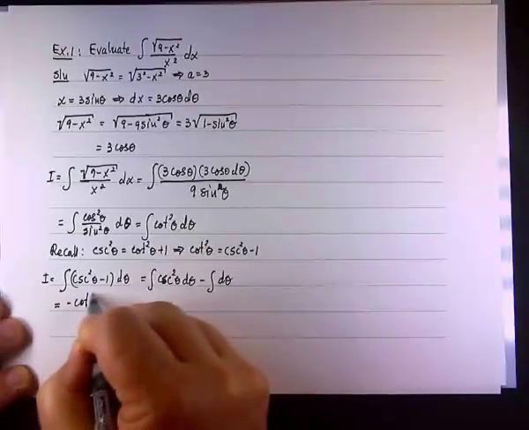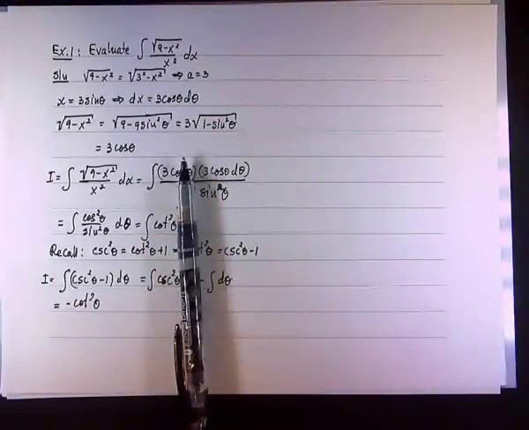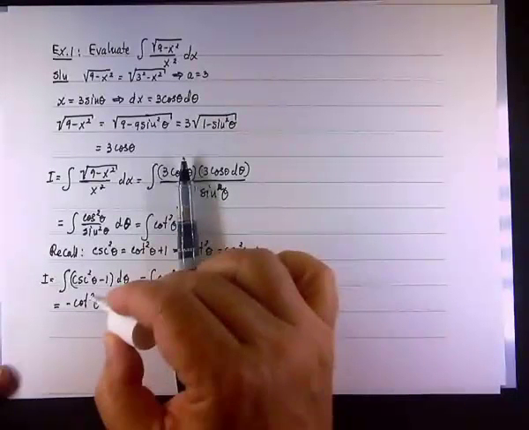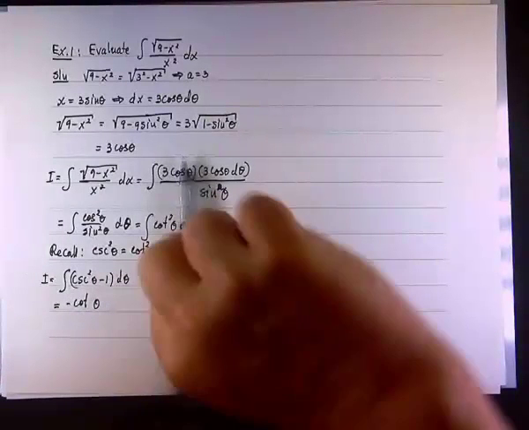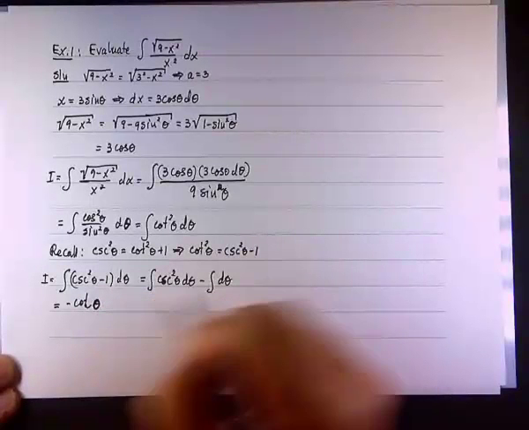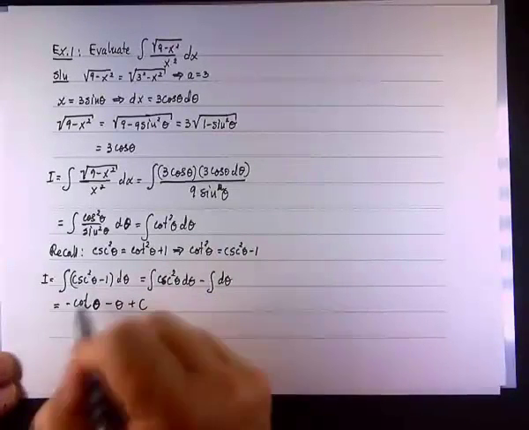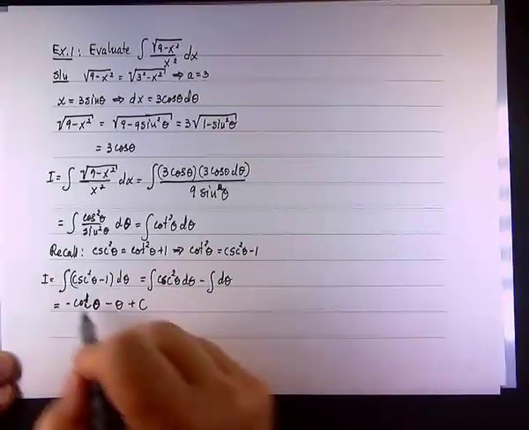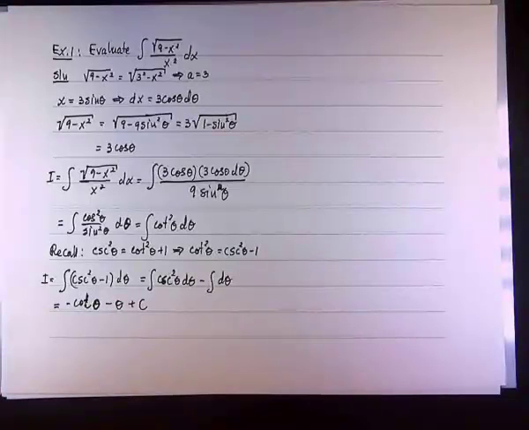Somebody said it correctly, I think. That is correct. Negative cotangent theta. Remember, not squared, I'm sorry, cotangent. The derivative of the cotangent is negative cosecant squared. So the antiderivative of the cosecant squared will be simply negative cotangent. And of course, we have minus theta, plus c.